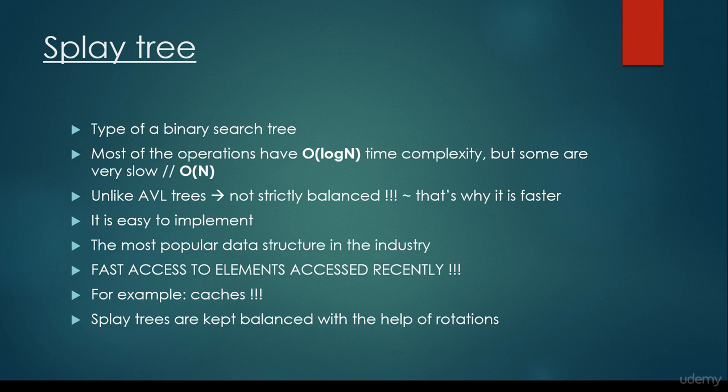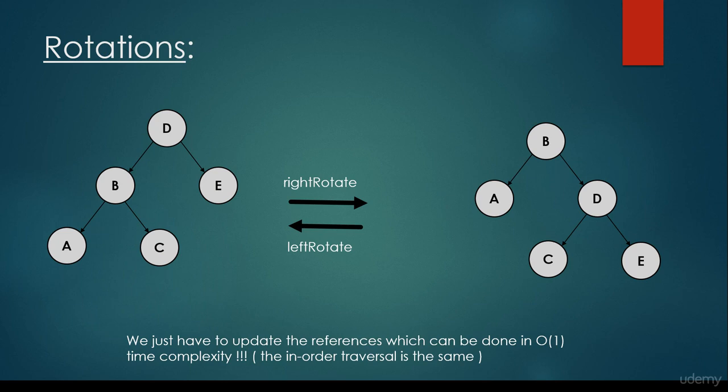Okay, so splay trees are kept balanced with the help of rotations, and these rotations are exactly the same as we have seen for red-black trees or AVL trees. So we can rotate a subtree to the right and we can rotate a subtree to the left.